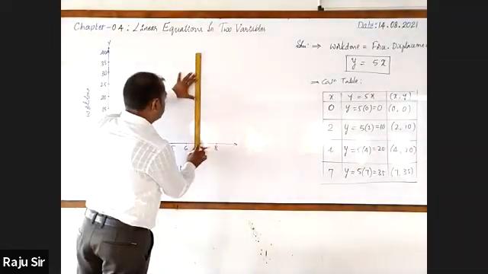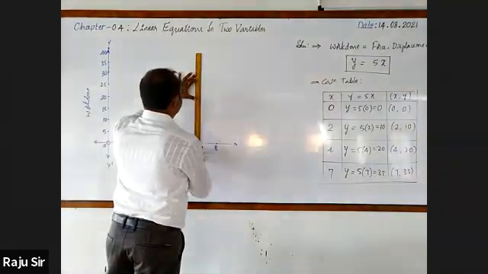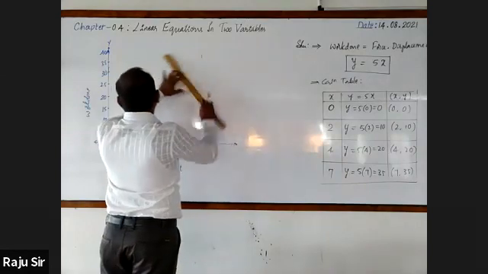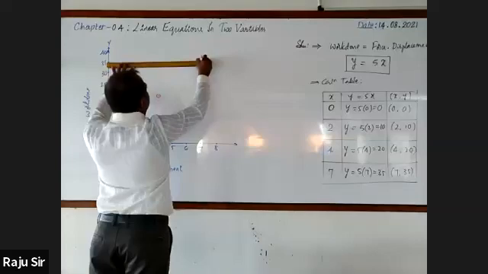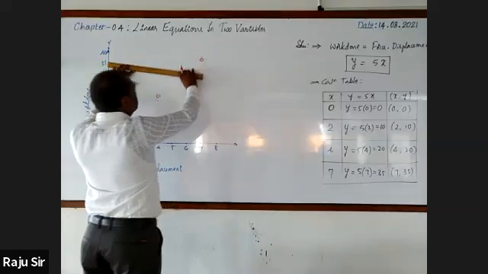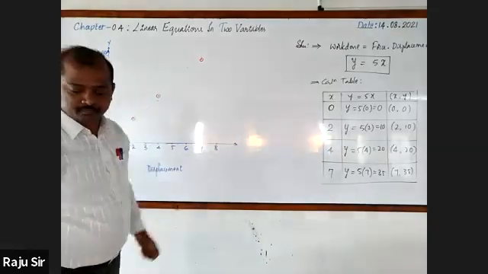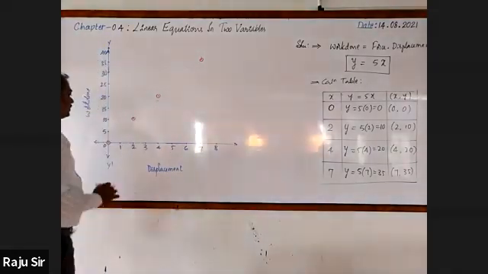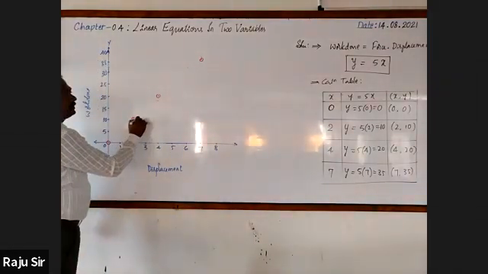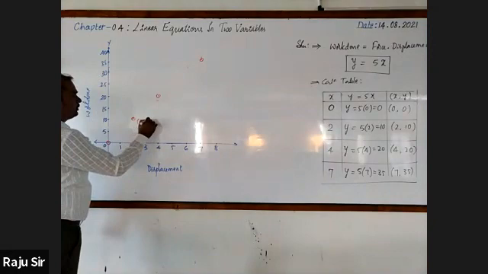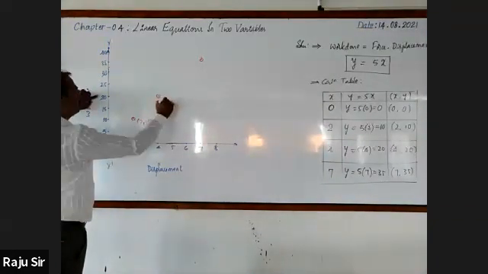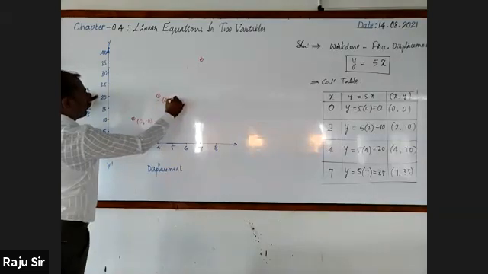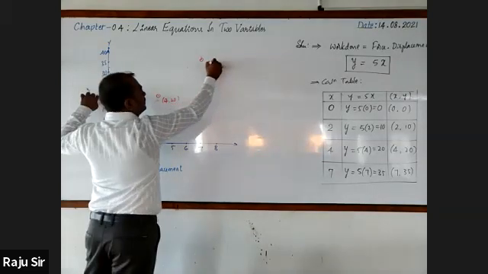The point comes here. On the right, 0, 0. This is 2, 10. And this is 4, 20. And this is 7, 35.